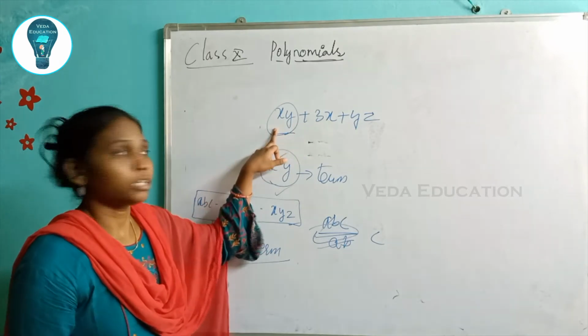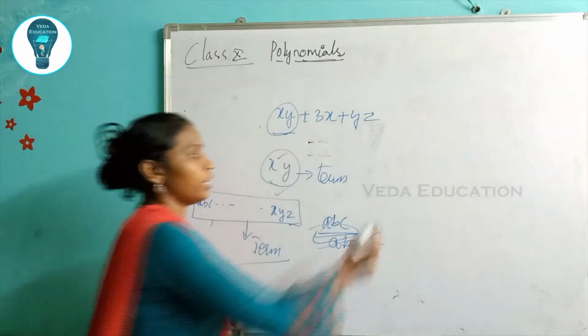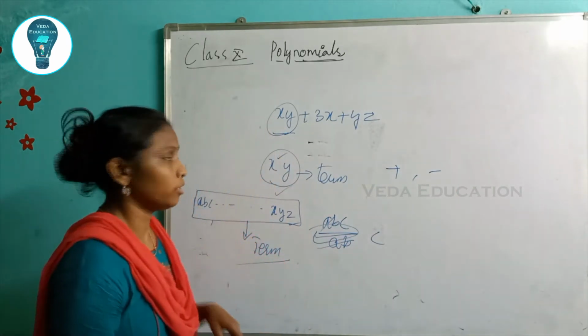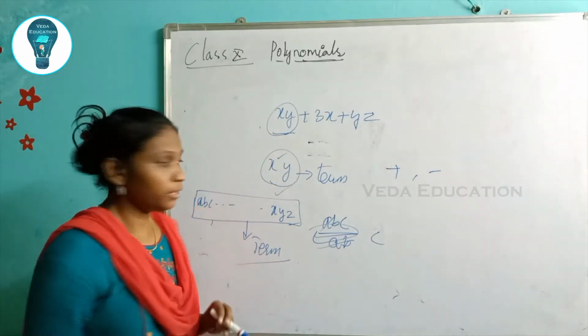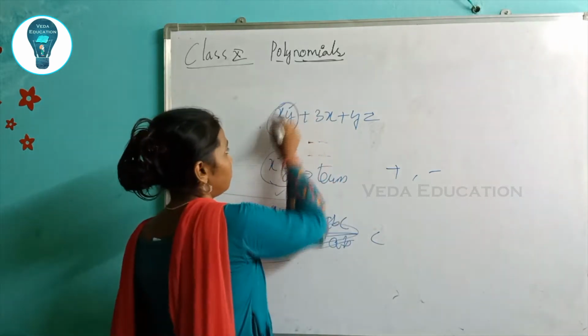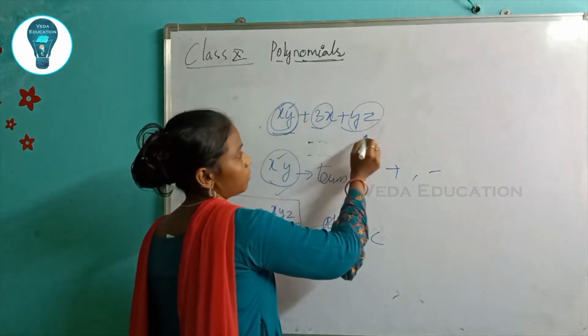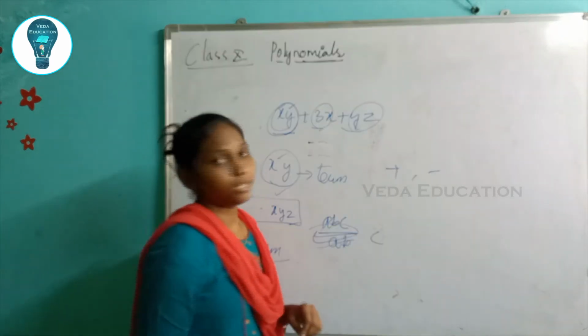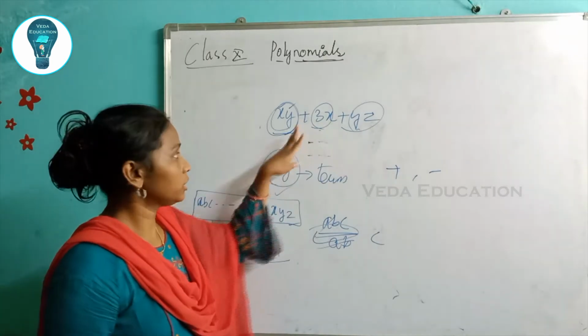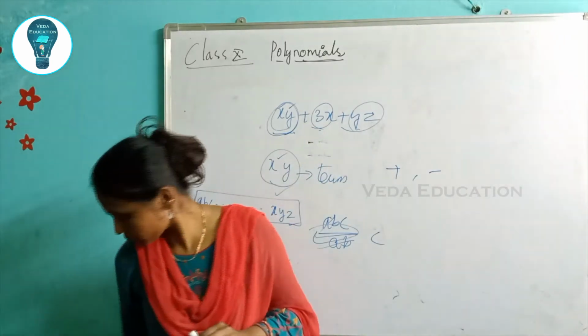When terms are connected with a plus or minus, then we call it an algebraic expression. Got it? And in this we will have many variables. Here plus, and how many terms are involved? 3 terms. Okay, got it?